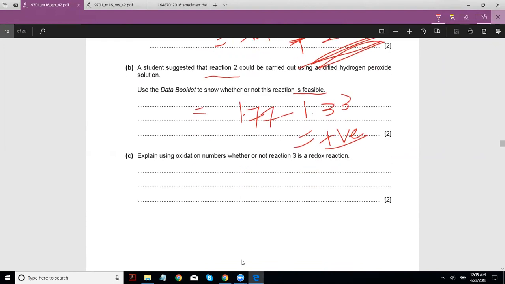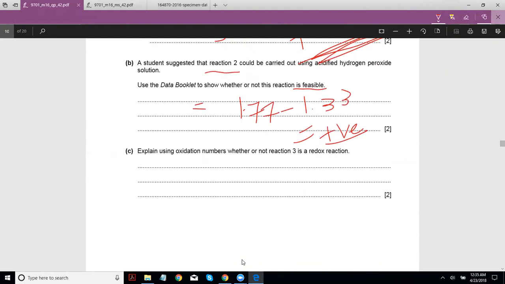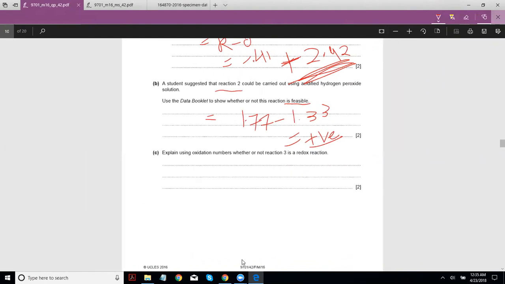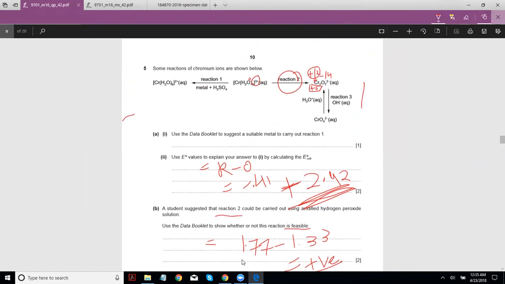Explain using oxidation numbers whether or not reaction 3 is a redox reaction. Let's clean up a bit. Here we figured out chromium was +6 before. Overall it is 2 negative. Oxygen will give you -8 because each oxygen is -2.